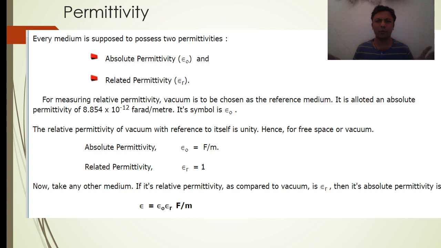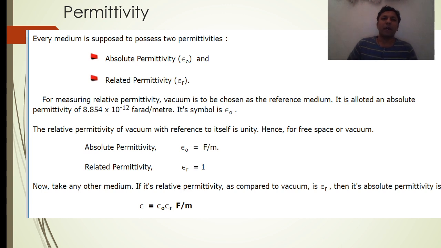There are different types of dielectric material, but the ability to store charge depends upon its permittivity. So permittivity is a unit that tells us this dielectric material has this kind of permittivity, and on that permittivity it can store that amount of charge.